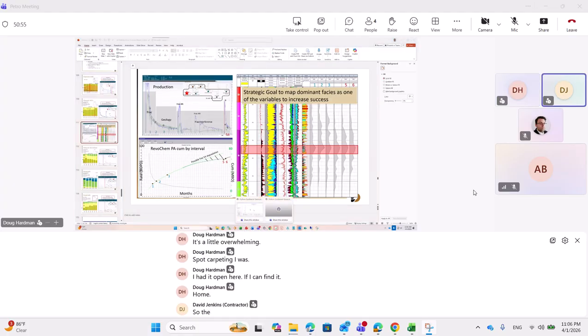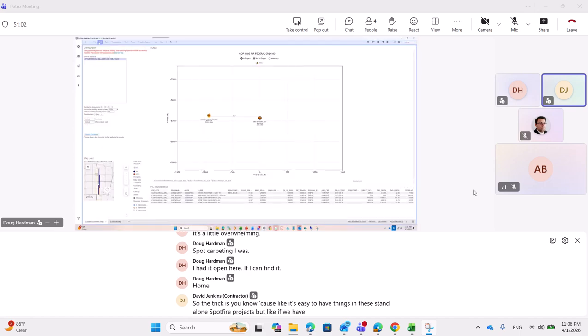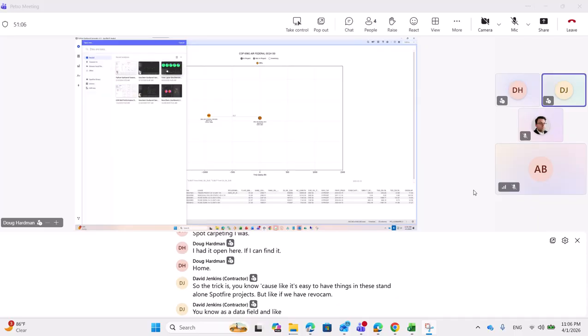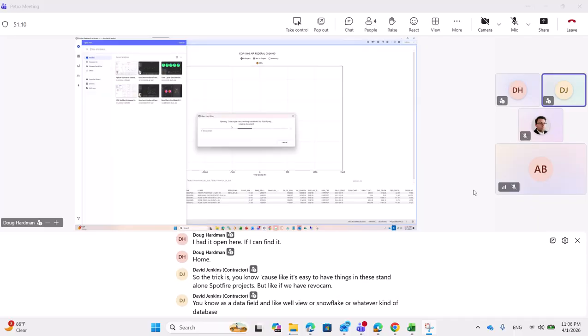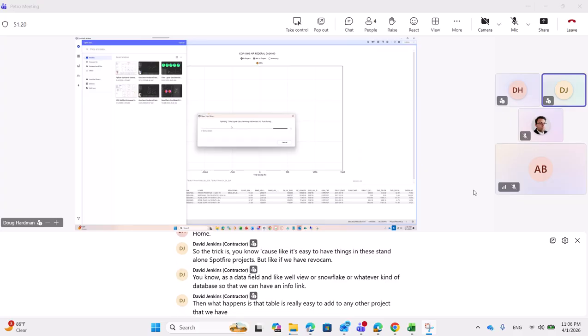The trick is, it's easy to have things in standalone Spotfire projects, but if we have Revochem as a data field in WellView or Snowflake or whatever kind of database, so that we can have an info link, then that table is really easy to add to any other project that we have.